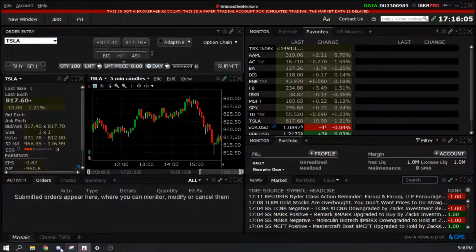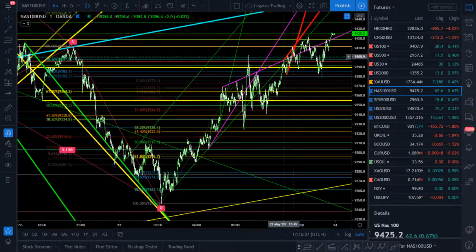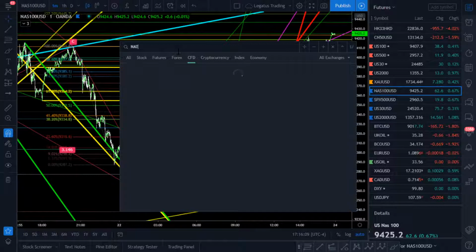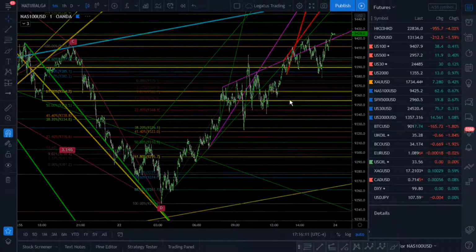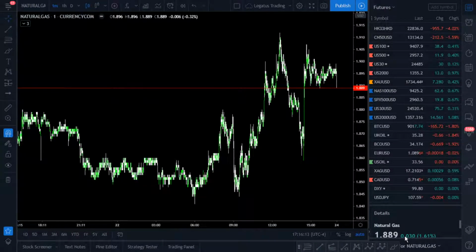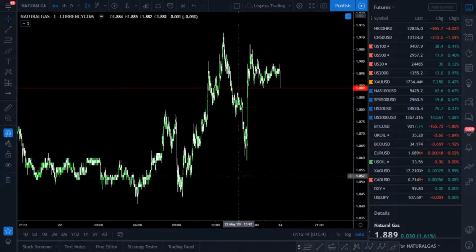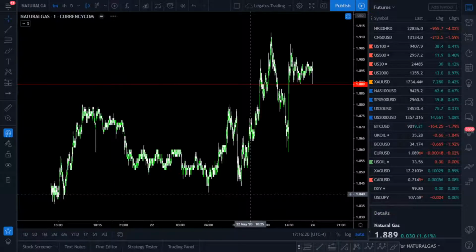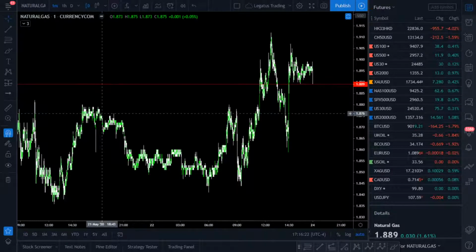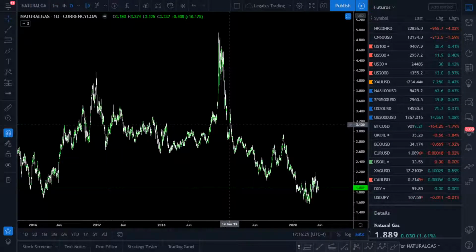Right now, for one natural gas unit, it's actually 1.889, regardless of what it's going to be in the future. This is just the price of natural gas. I find the analysis on this chart far better than analysis of a predicted chart a few months from now based on people's speculations.